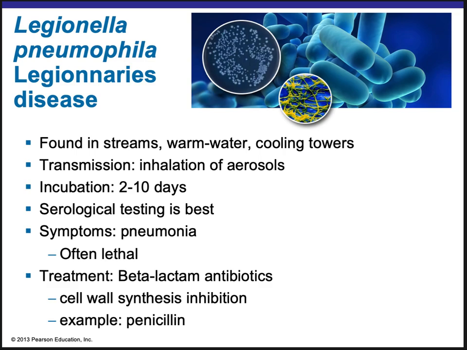It can be a warm water or a cool water system. So it's really good at surviving in any type of fresh water. Okay. We suspect that it might also survive in swimming pools, but I cannot confirm that right now.